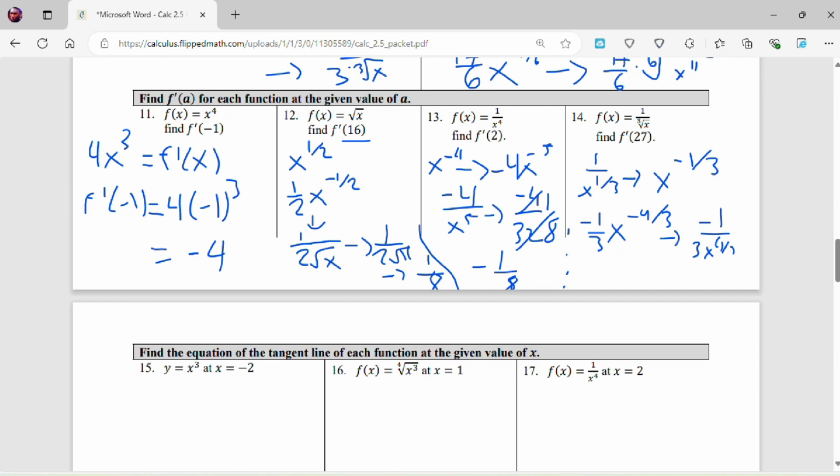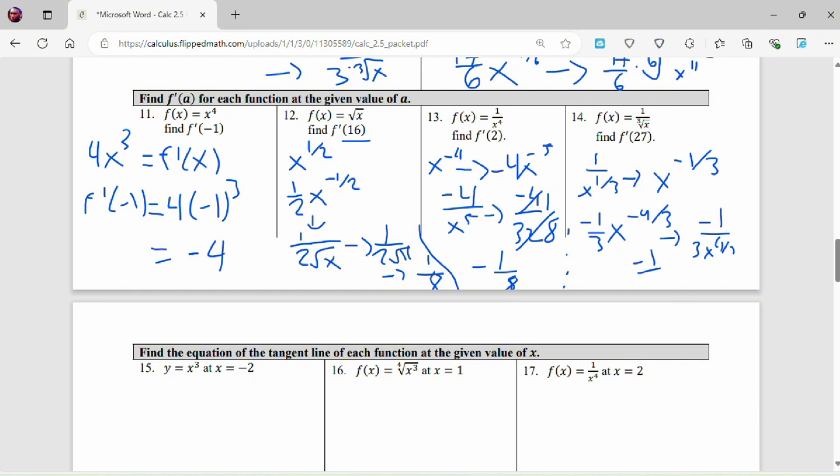Okay. Now we have to find it at 27. Plug in 27 into x. You get 27 to the 4/3. If you find the cube root of 27, you get 3. 3 to the fourth power is 3, 9, 27, 81. 81 times 3 is 243.